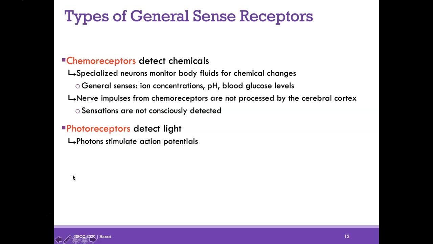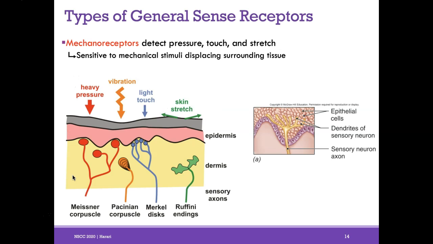Photoreceptors detect light. So light is made up of photons, and photons can stimulate action potentials. So these are different kinds of receptors. Mechanoreceptors are a large category of receptors that respond to any physical deformation of the cells or tissue. So if you touch something, if you displace tissue, if you deform any type of tissue, you're going to be stimulating mechanoreceptors.